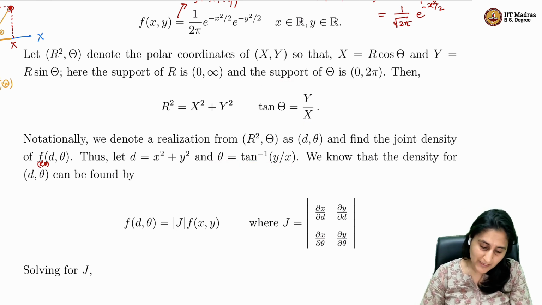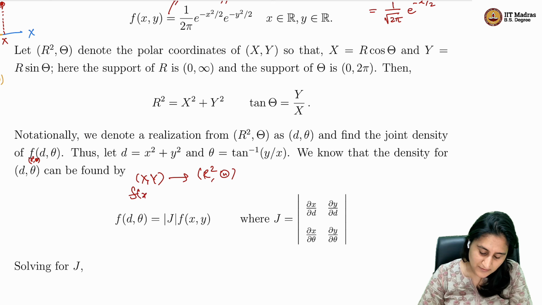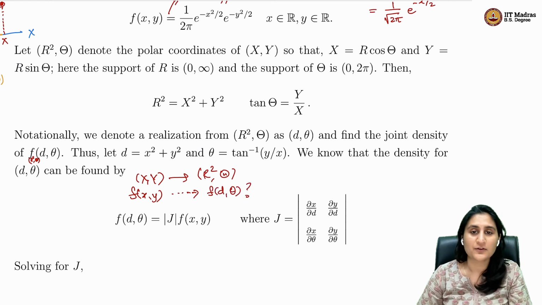Now, if I want to take x and y, I'm mapping x and y to r squared and theta, and I have the density of f of x, y, and I want to know what happens to the density of f of d comma theta. This is what I want to know.